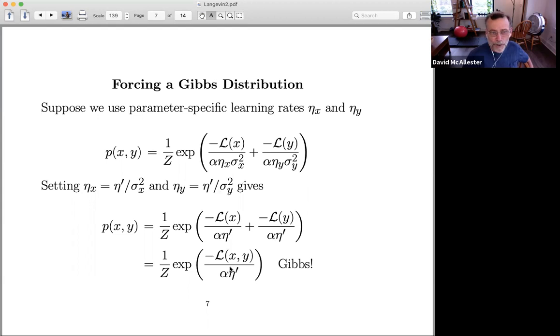And I can force this to be Gibbs by defining parameter-specific learning rates, where I divide by the variance of the noise in that parameter. And that's what's going to be related to RMS prop. It's not a clean, definitive derivation of RMS prop, but it gives some intuition or some understanding of why you might want to have different learning rates in different parameters.